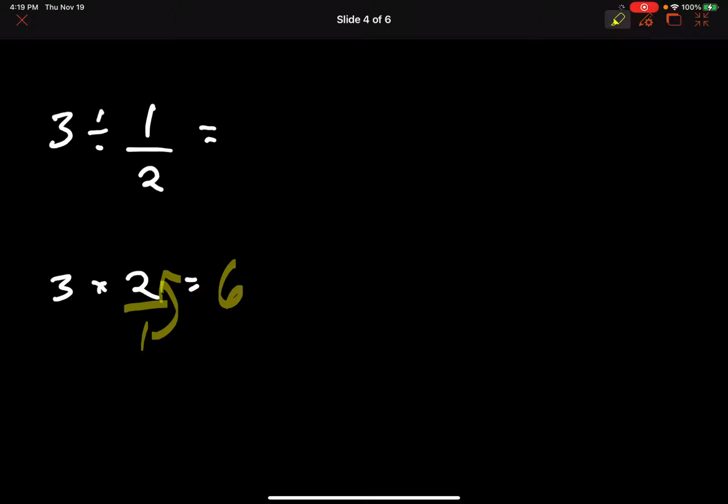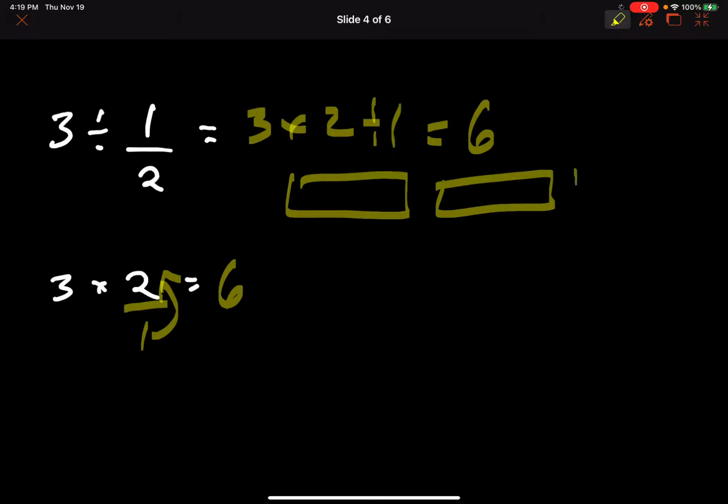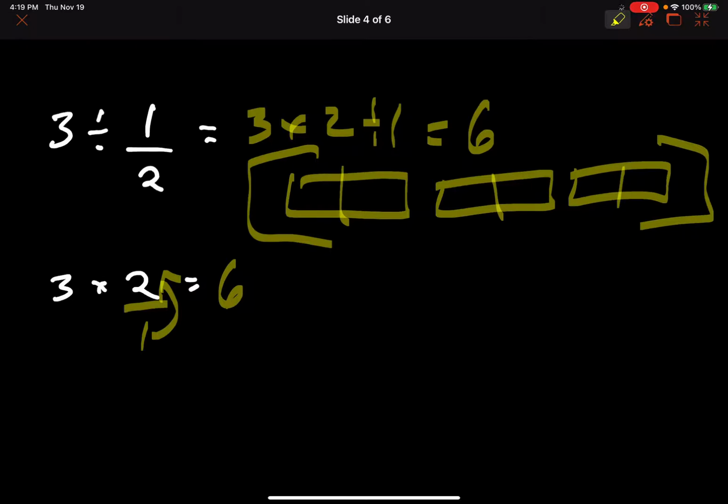If I'm going to write this out, I go 3 times 2 divided by 1. We've already learned this. And so 3 times 2 is 6 divided by 1. And if I wanted to draw it out, if I had 3 wholes and I'm going to cut them into halves, how many halves do I have? And this is 6 halves.